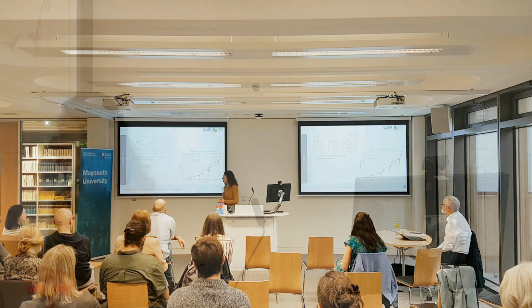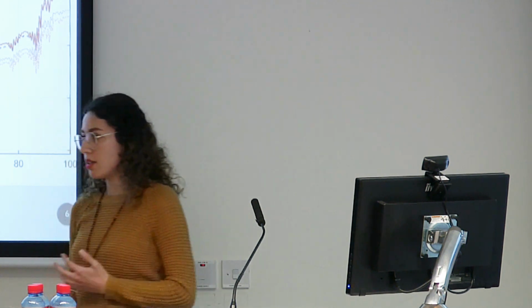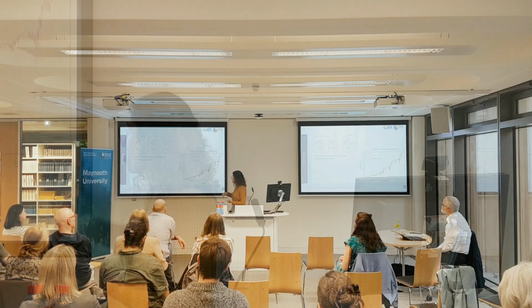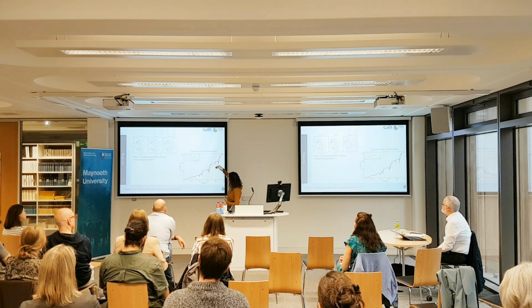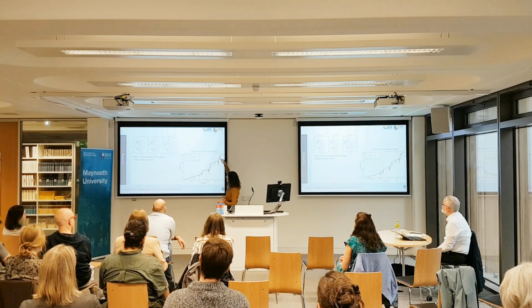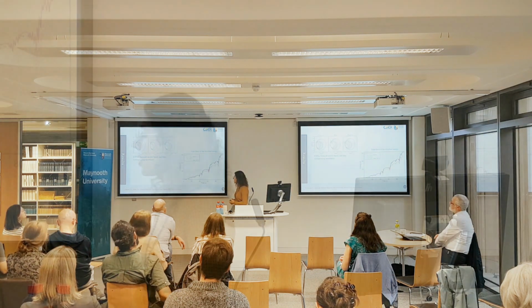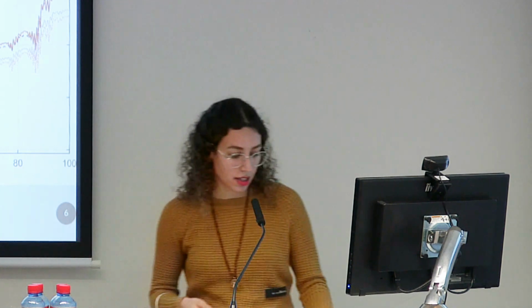Based on nominal model selection, uncertainty estimation, and designing the robust controller, I was able to move from this worst case scenario toward the ideal performance. So I was able to increase the efficiency.